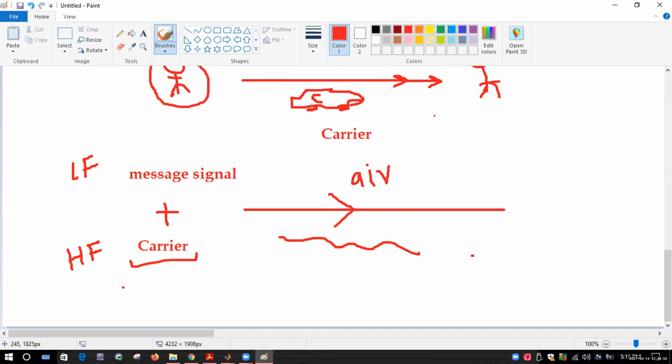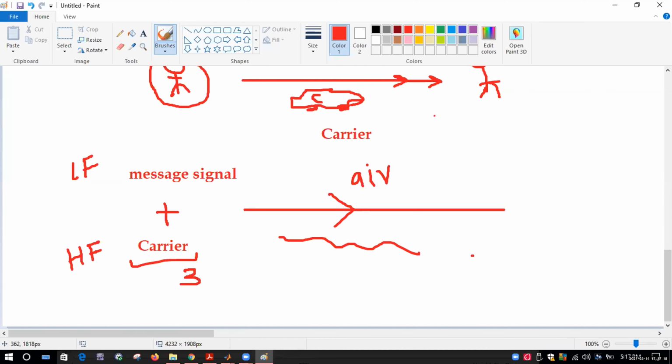But now I have a question for all of you. Can you tell me how we should define low frequency and high frequency? About speed? Of course, the speed here is high because this is a radio wave.